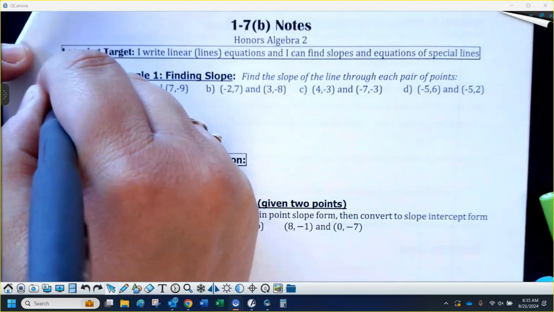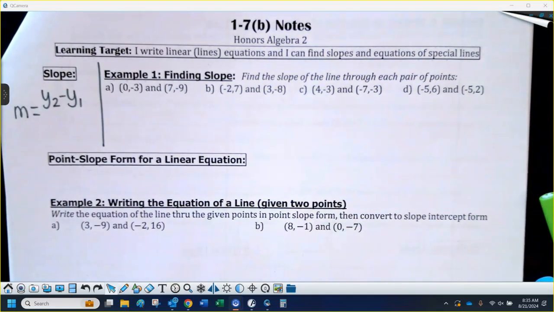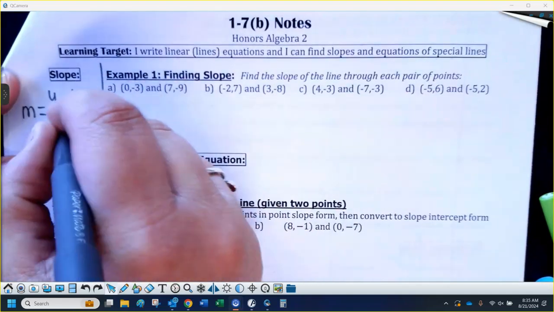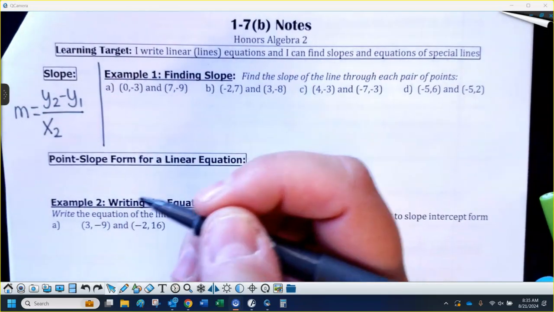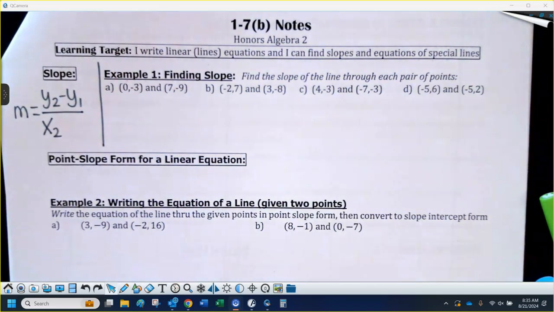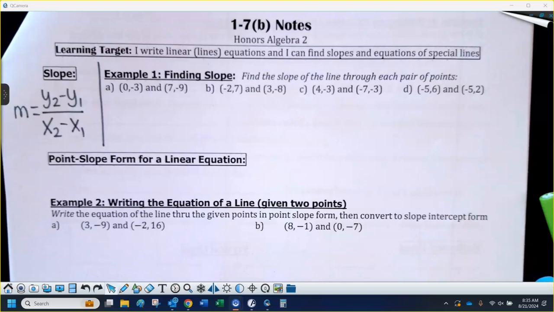So we call it y2 minus y1, and the little subscript is just to indicate these are two different points, but it's a y-coordinate of one point minus the y-coordinate of the other point, and then over the x-coordinate. The x-coordinate and the y-coordinate in the same point should be stacked on top of each other when you do this. And then minus x1 would be the x-coordinate of the other point.